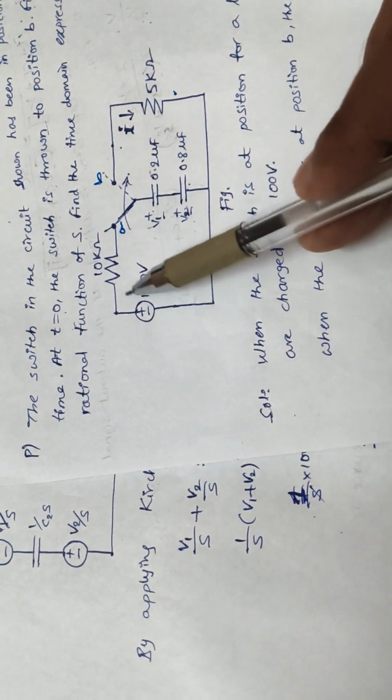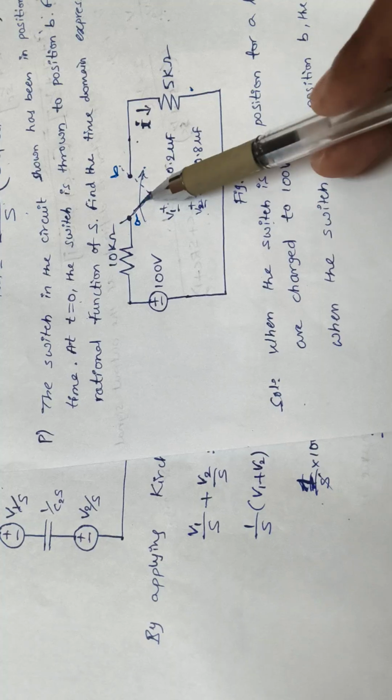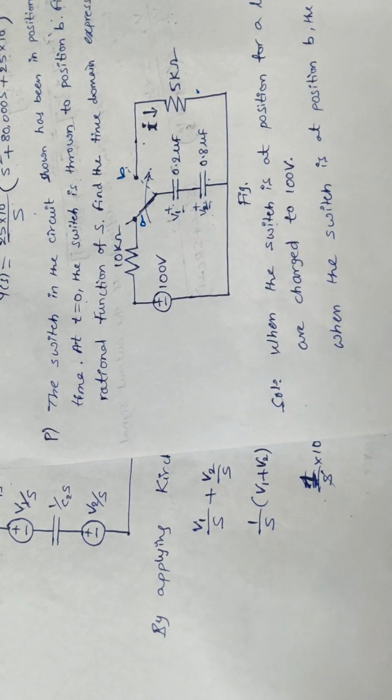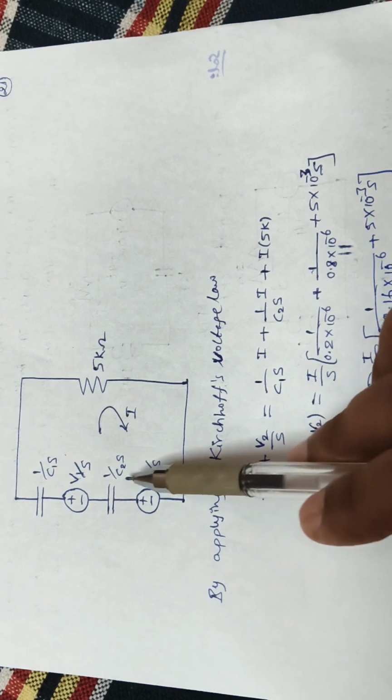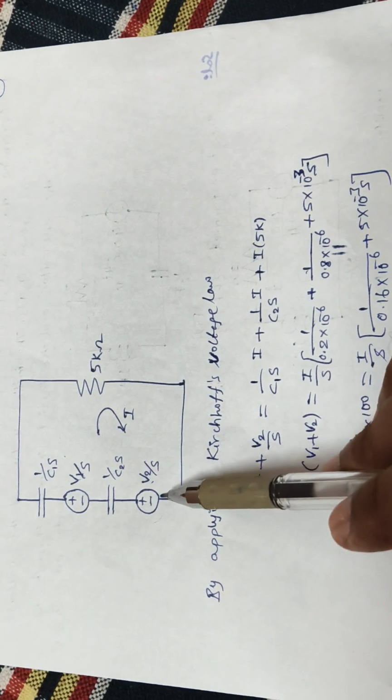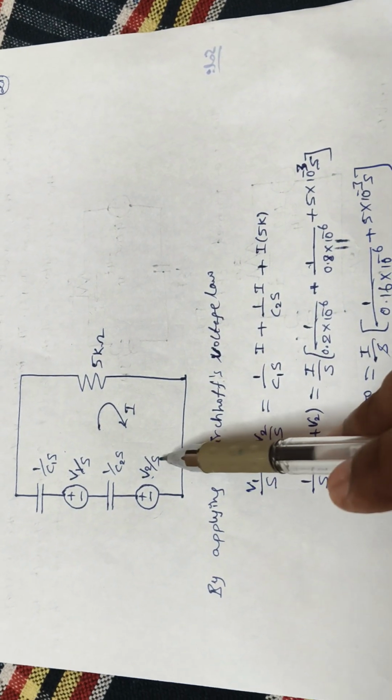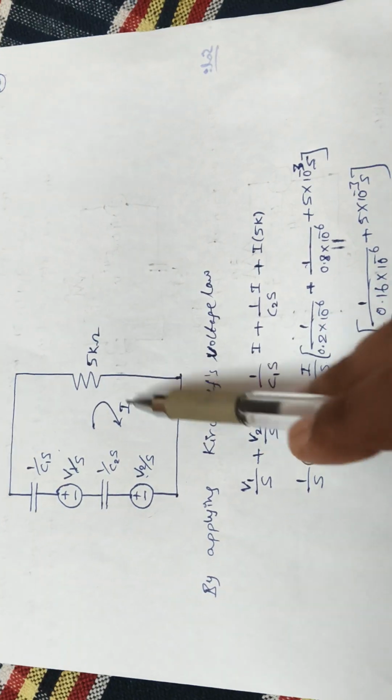Here V2, because of the long time the switch is connected with the position A. So the second representation is 1 by C2s as the capacitance, in series with the independent voltage source V2 by s, and 5 kilo ohm as it is.